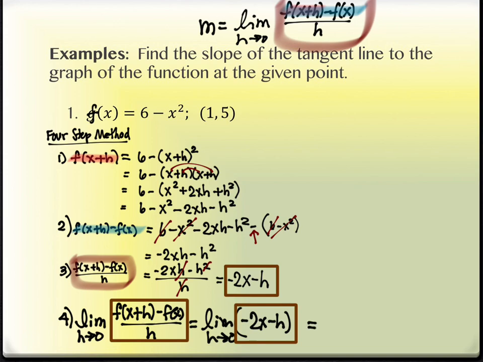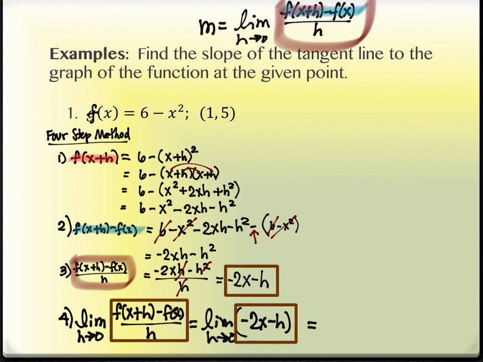But just like you did in all the stuff in chapter 1, if it says h is going to 0, we actually put 0 in now for h, and we can. Notice we couldn't have done it on any previous step, right? Because there's still dividing by h going on, and I can't divide by 0. The goal at the end is the same. I want to plug in 0 for h. But until I get through steps 1 through 3, the h still resides in the denominator.